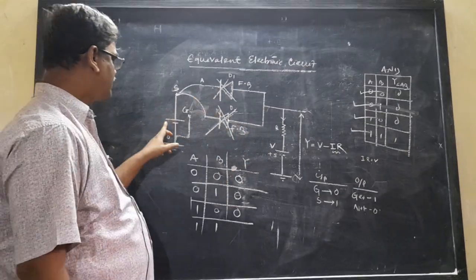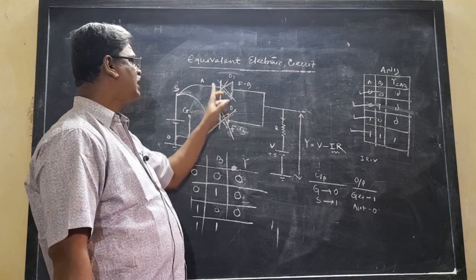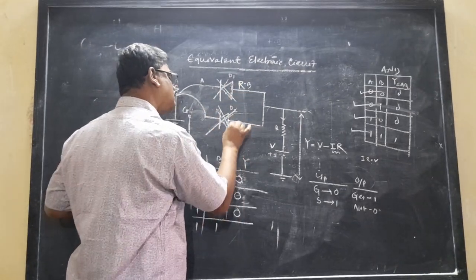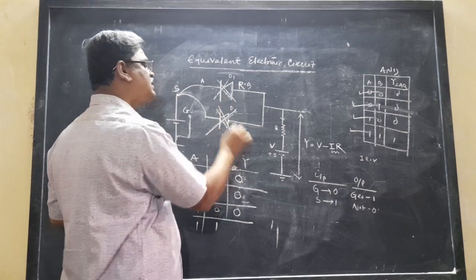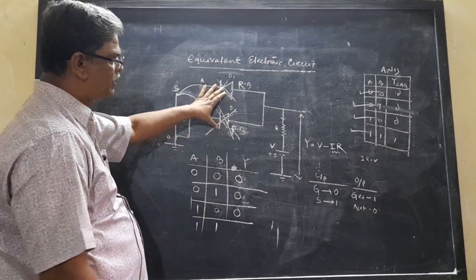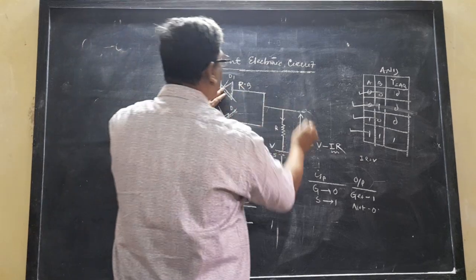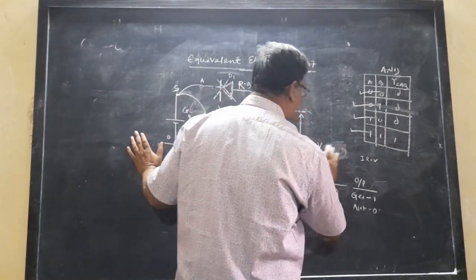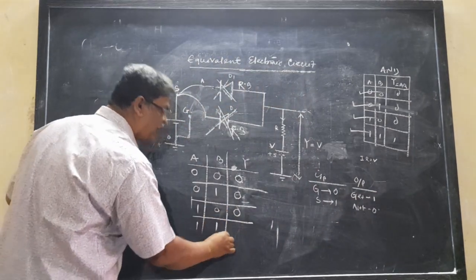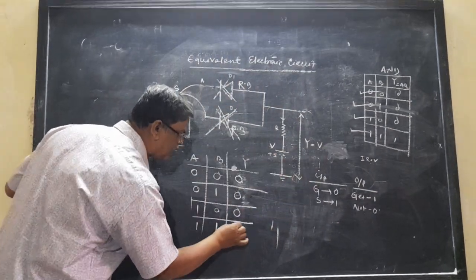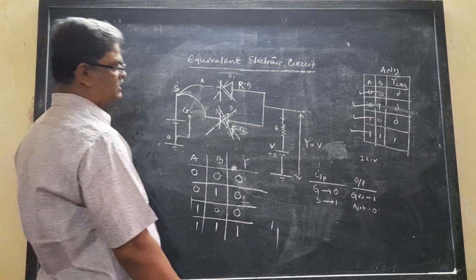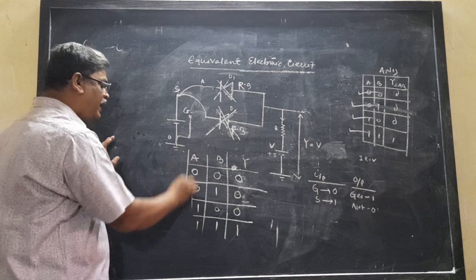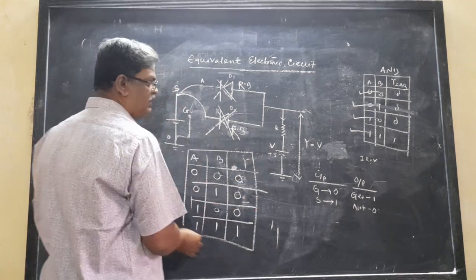Because this side is positive, this side is higher potential, so both become reverse bias. Since both are reverse bias, neither diode works, that is, there is no current in the circuit. If there is no current in the circuit, IR is 0, so we get the V voltage, output we get some voltage.